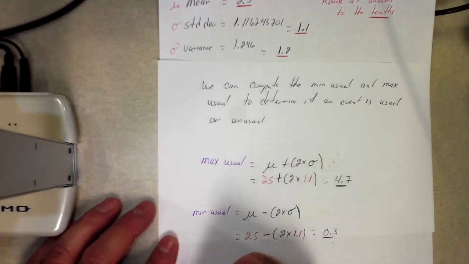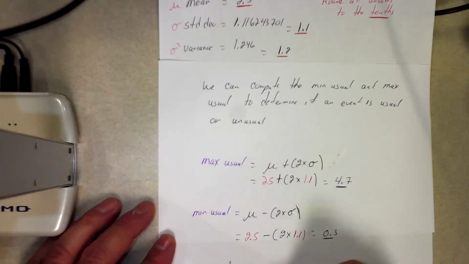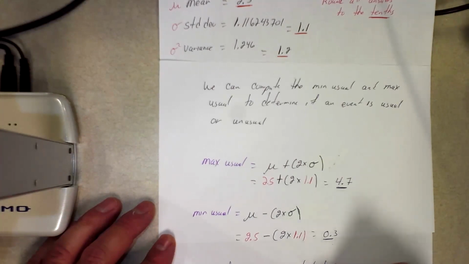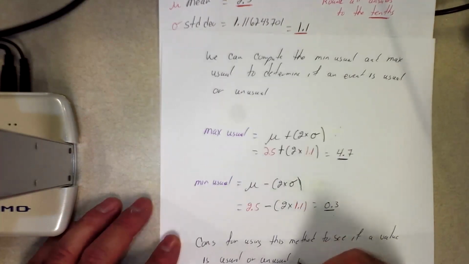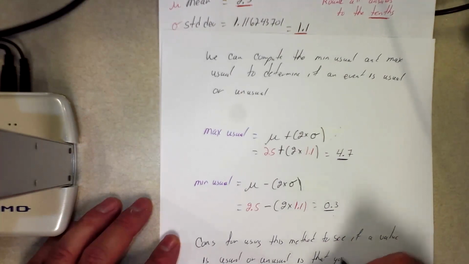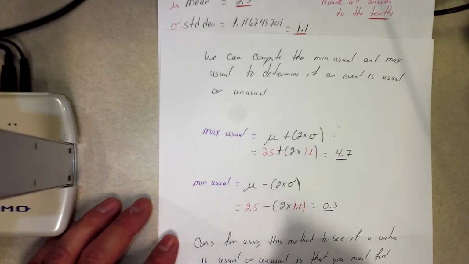The bad thing about this, the cons for using this method to see if a value is usual or unusual, is that you must find the mean, standard deviation, and variance to compute.